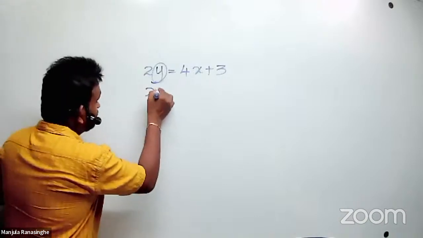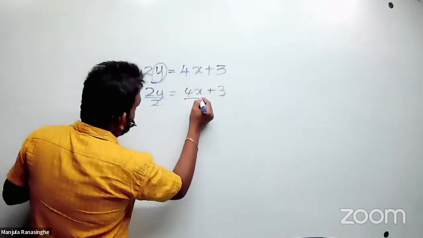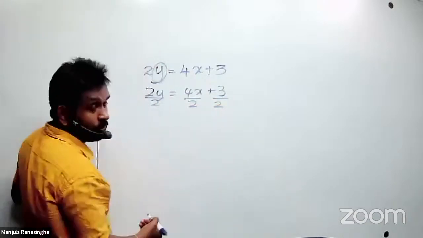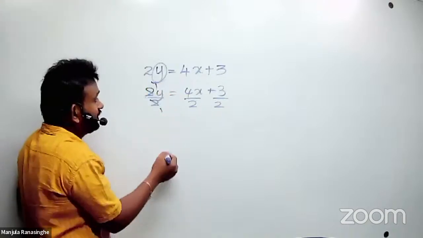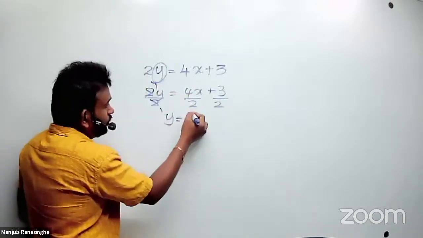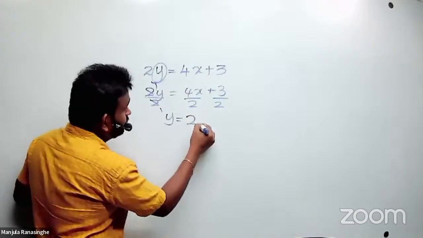Now you have to make y the subject. How? Divide all the terms by 2. So 2 cancels, y equal 4 upon 2, that is 4 divided by 2, that is 2x.